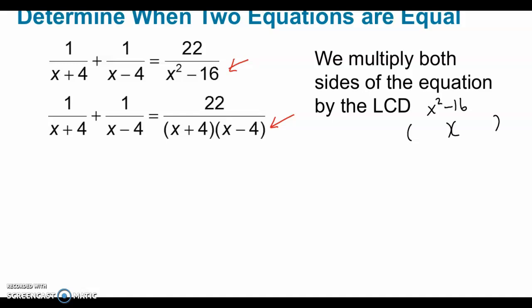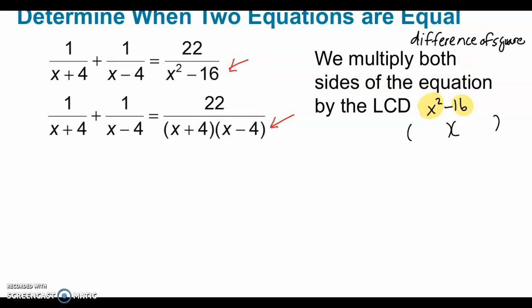This is something we're going to be working on with quadratics. Why is this called a quadratic? Because it has a squared x. But this one is called a difference of squares. The reason x squared minus 16 is called a difference of squares is because each of the terms, this term and this term, are both squares.